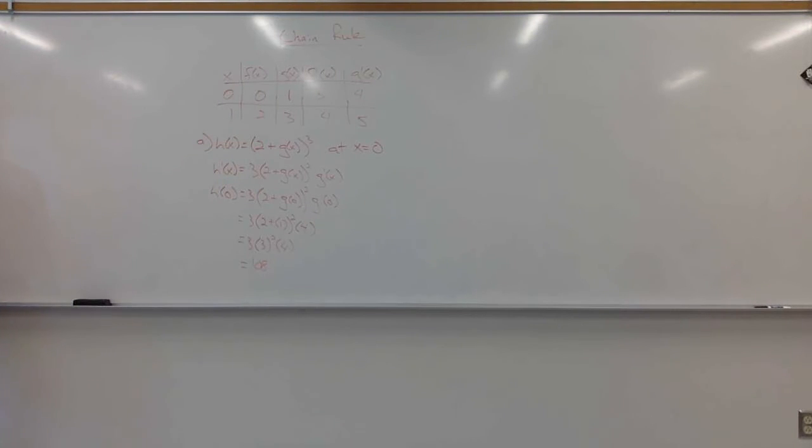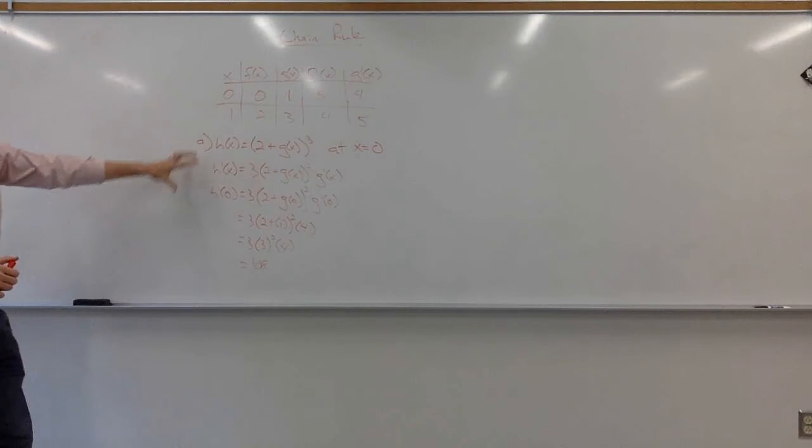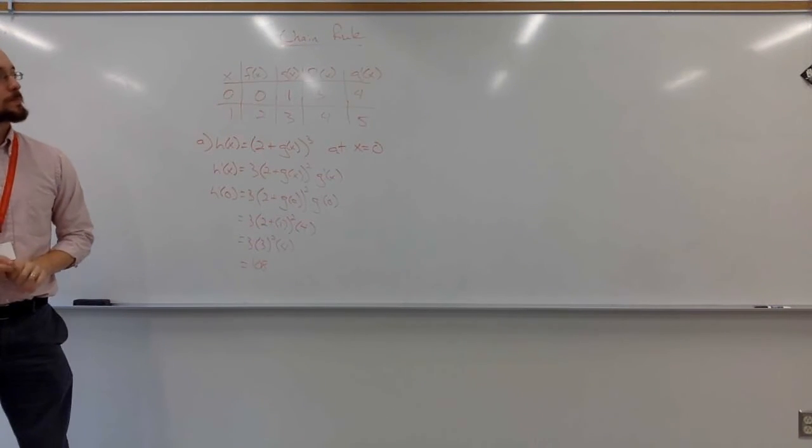Feel okay with using notation for chain rule and finding derivatives from tables like that?